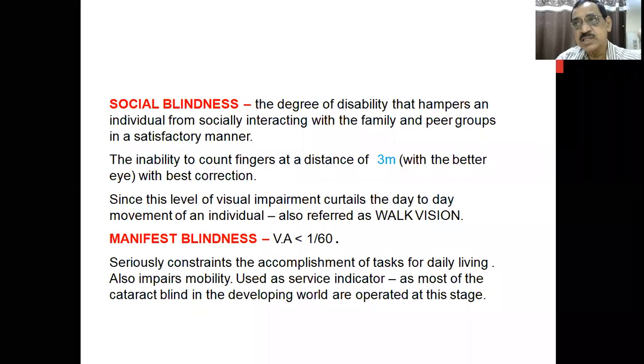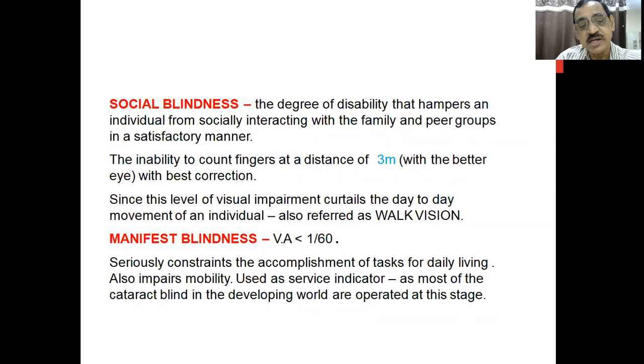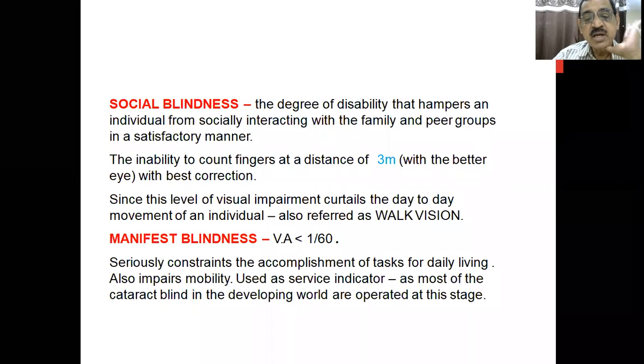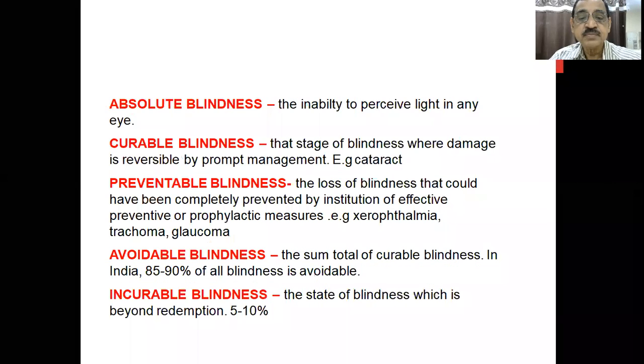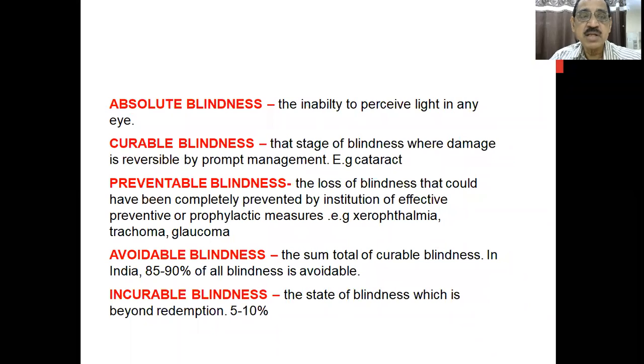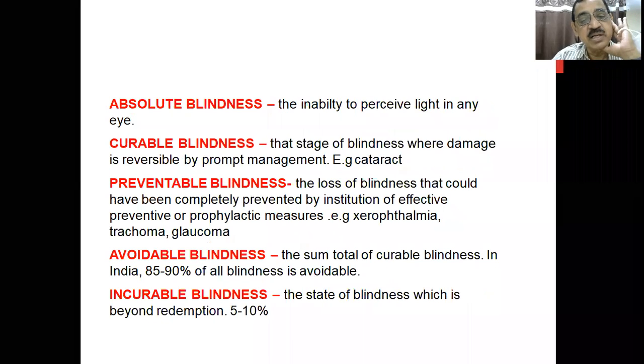It is used as a service indicator, as most of the cataract blind in the developing world, such as our country and other parts of Asia, are operated for cataract when the patient attains vision of 1/60 with the best correction. Absolute blindness, loss of perception, is the inability to perceive light in any eye.